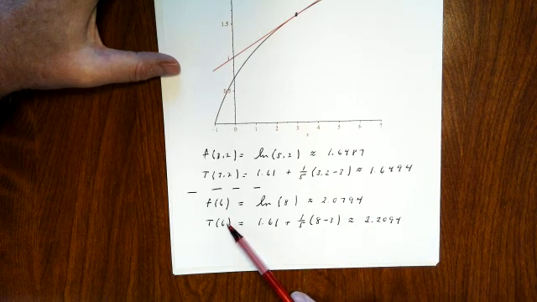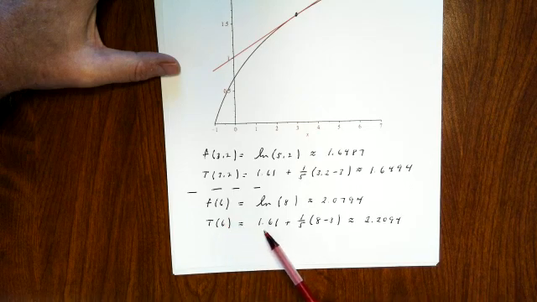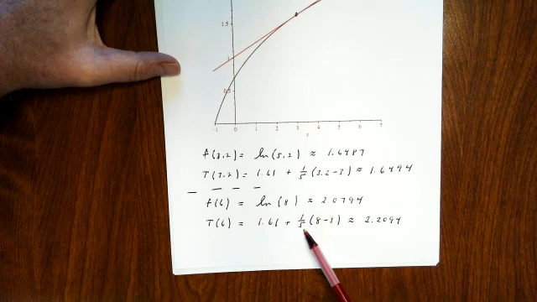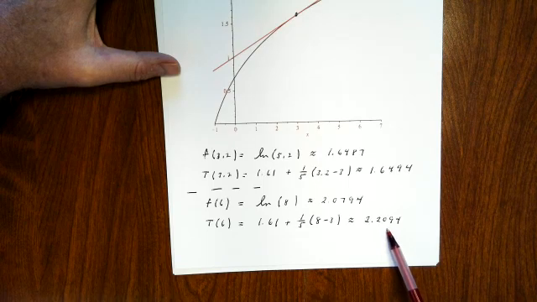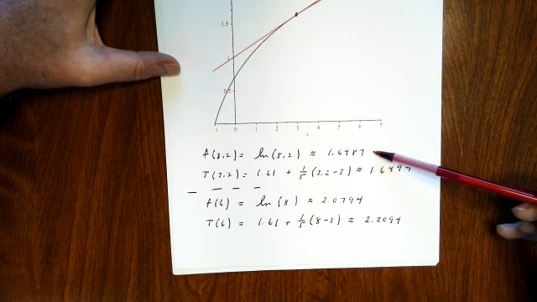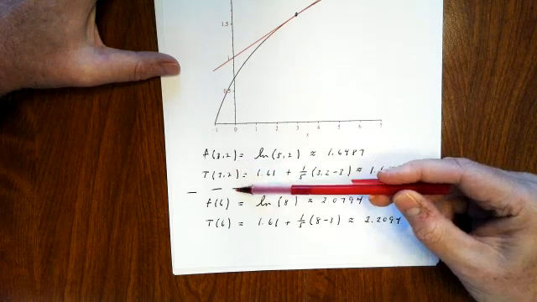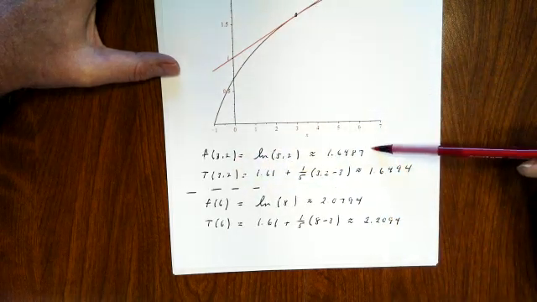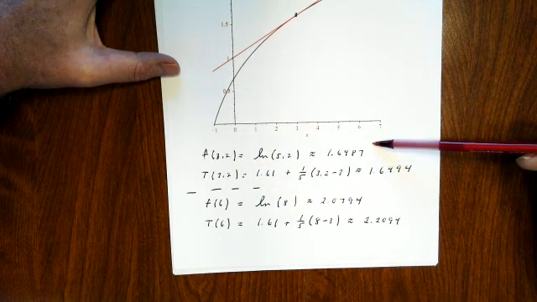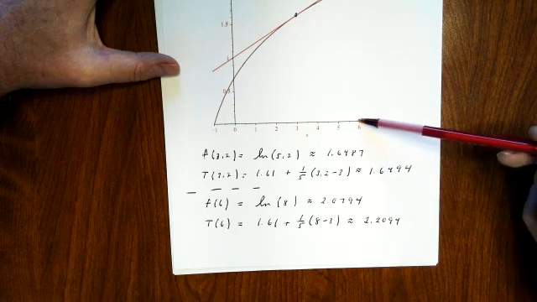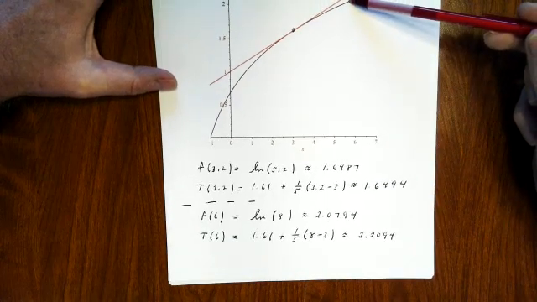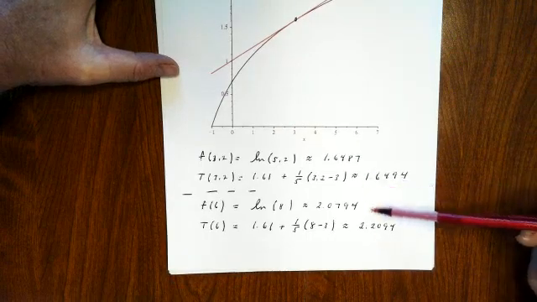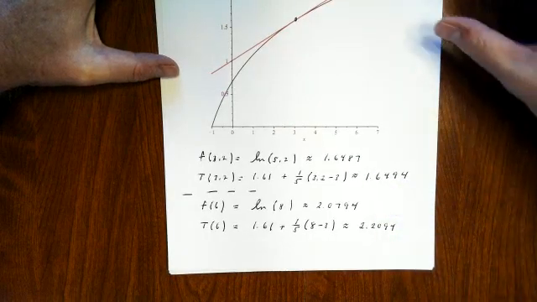If we plug 6 into the tangent line, we have 1.61 plus 1/5 times (6 minus 3), and that works out to be about 2.2094. So we can see that if an input is close to 3, the tangent line does a much better job of approximating the function, whereas if we plug in a point way over here, pretty far away from 3, we don't get a very good approximation.